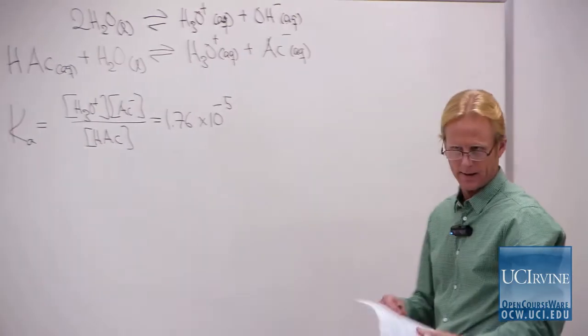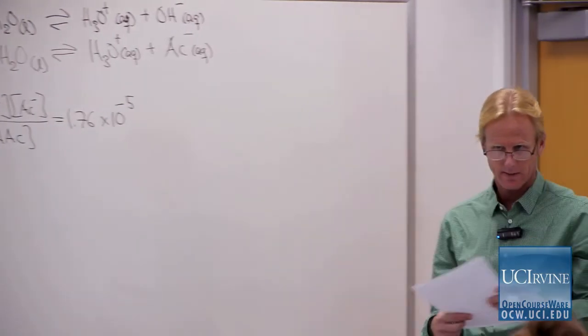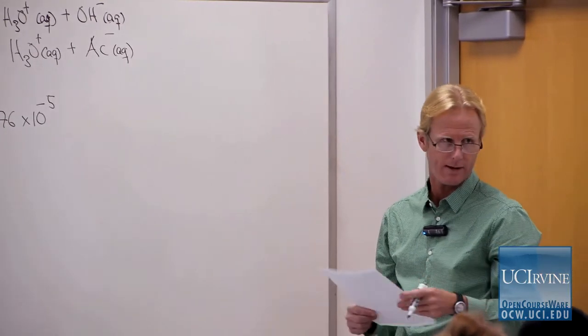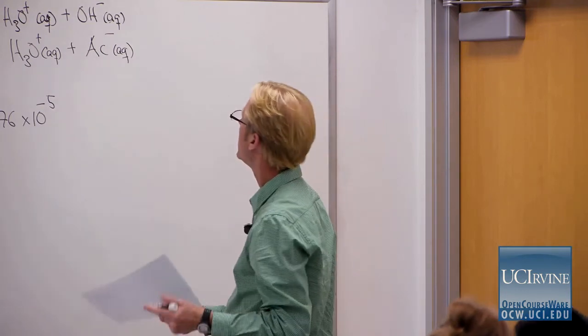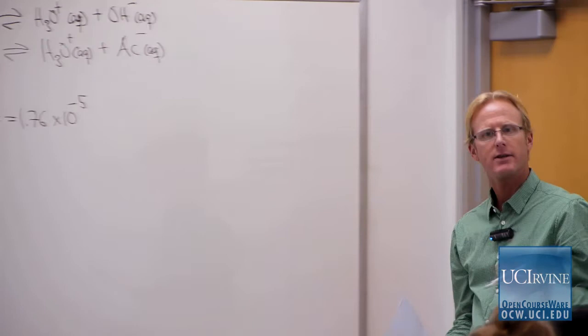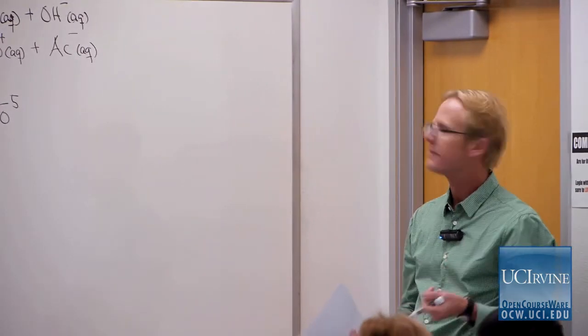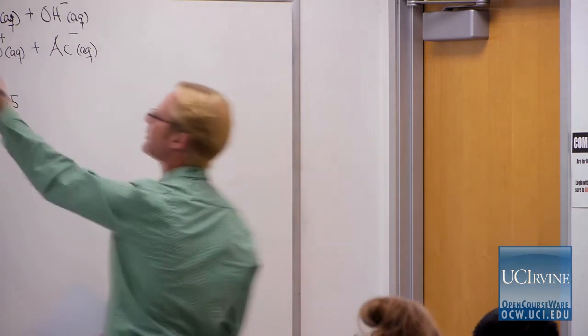So these two both share a common species that's going to affect the equilibria. Now, we're going to see how to solve this in a very, very general way that will apply to any coupled equilibrium like this.